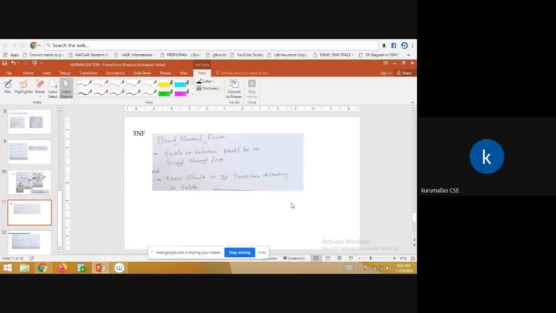The third normal form says the table or relation must be in second normal form, which means there is no partial functional dependency. The second point is that there should be no transitive dependency in the table.